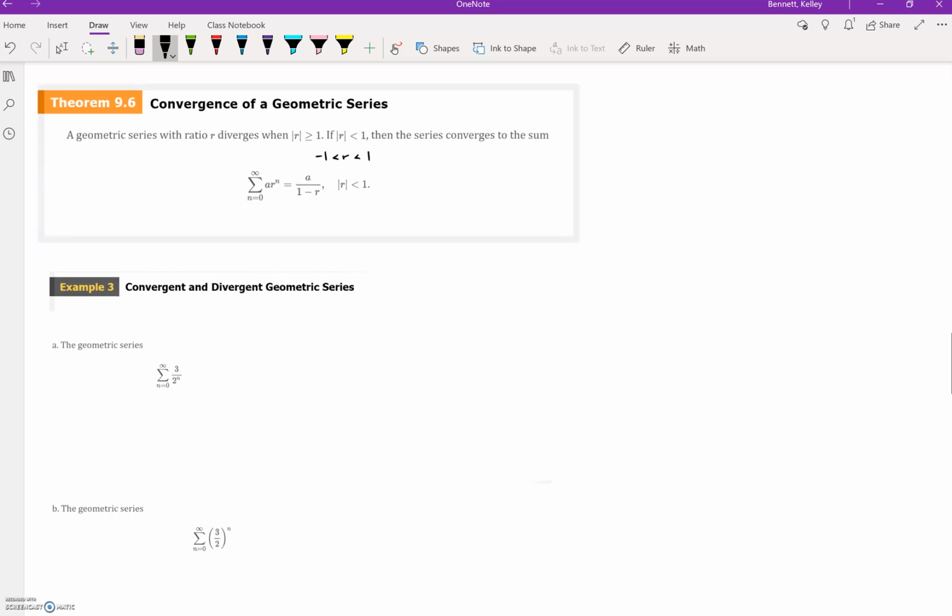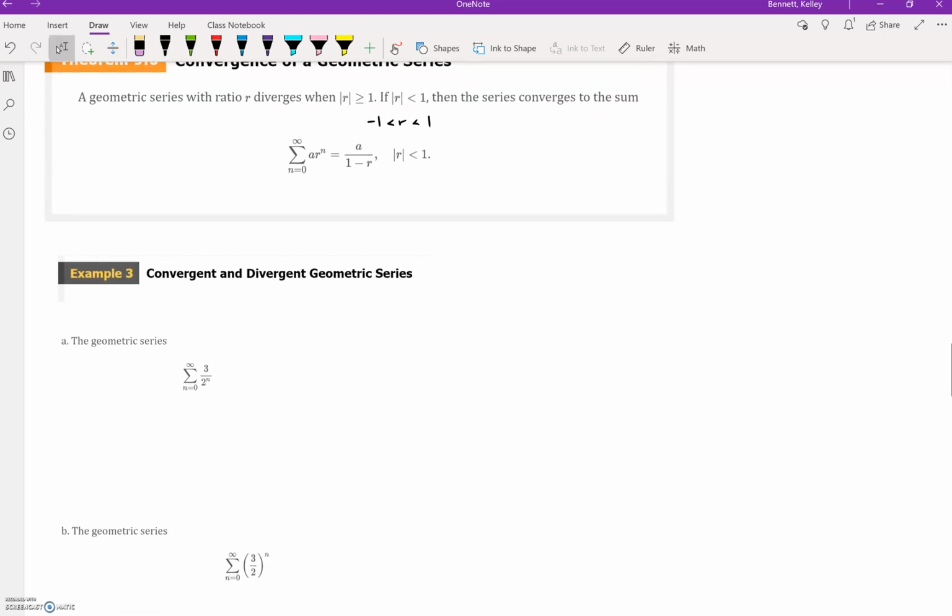So let's look at the first series a. The way that you can write this is n going from 0 to infinity, 3 times 1 over 2 to the n. And you might be thinking, well, that's not really in the form that I need it. So we'll take it one step further. n equals 0 to infinity, 3 times (1/2) to the n.